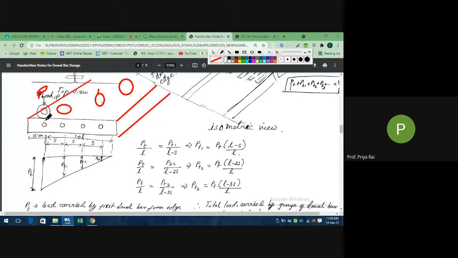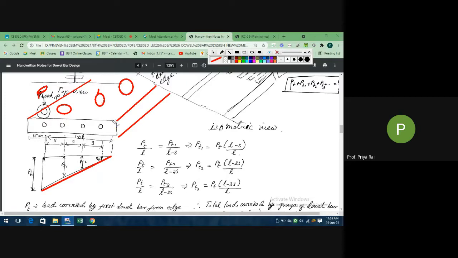The maximum load is transferred by the first, then the second transfers less, then the third, and the fourth. As we go to the inner side, the magnitude of load reduces.